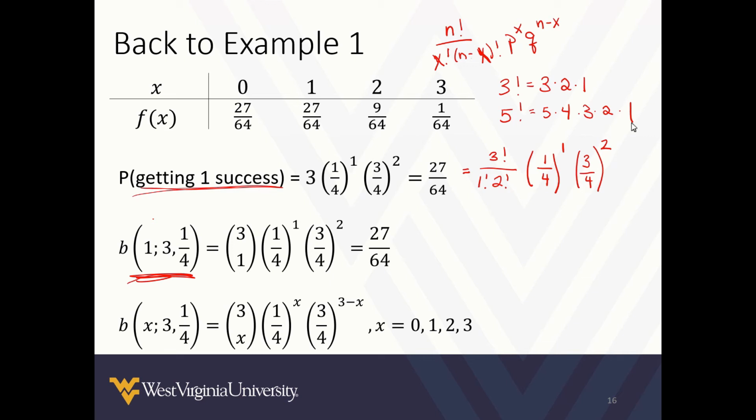For this situation in general, we could have used the following binomial formula, where 3 choose x multiplied by 1/4 to the x multiplied by 3 over 4 to the 3 minus x, where x equals 0, 1, 2, or 3, because those are our options for our possible outcomes.